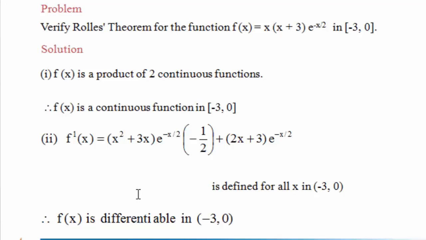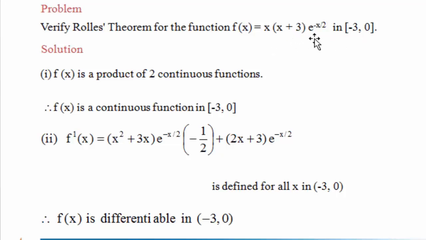Let us take an example. In exams, such type of question may always be asked: verify Rolle's theorem, and we are given some function f of x and some interval [a, b]. Here we are given the interval -3, 0. The function f of x is like this.